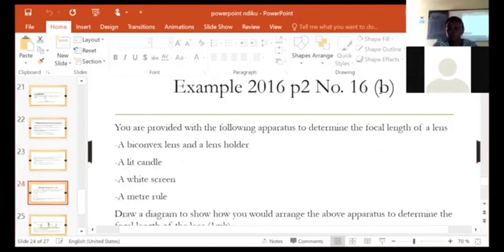For example, we have this question from 2016, whereby the student was given apparatus to draw a diagram: a convex lens, a lens holder, a lit candle, a white screen, and a meter rule. Draw a diagram to show how you would arrange the above apparatus to determine the focal length of the lens.